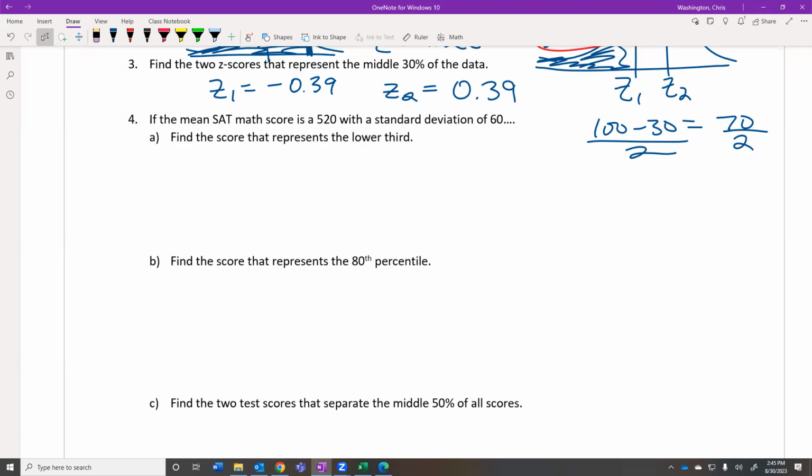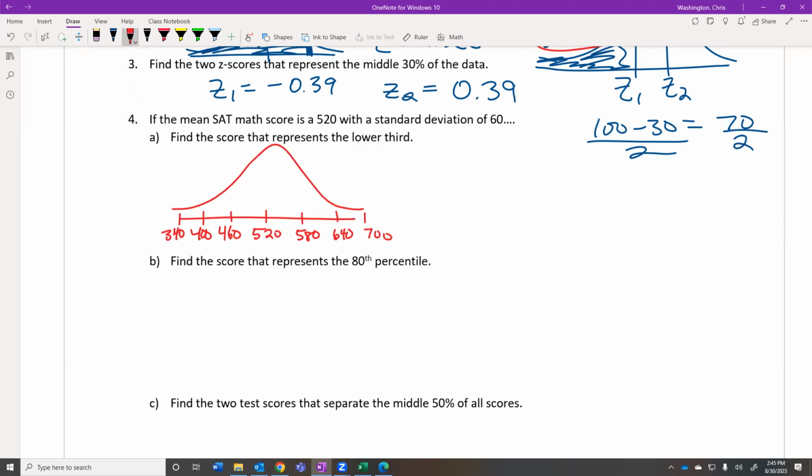If we were to draw the bell curve, and by all means you don't have to draw it every single time, 520 would go in the middle. We have 580, plus 60 more would be 640 and 700. Going the other way, 520 minus 60 would be 460, 400, and 340.